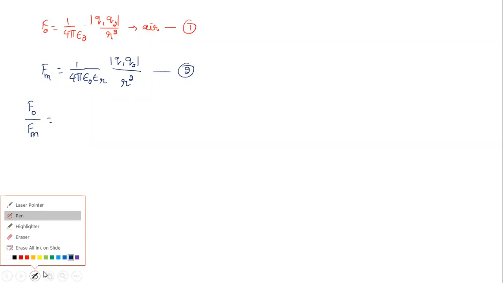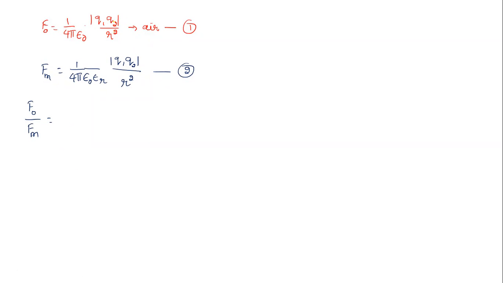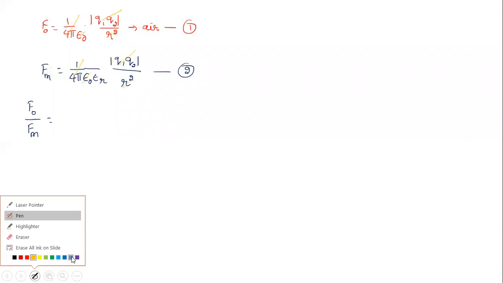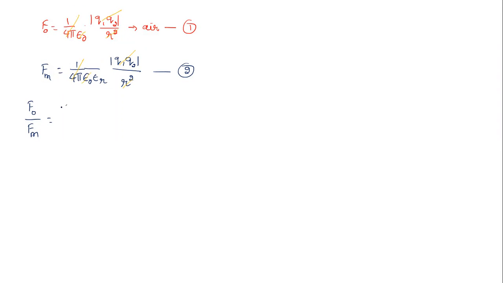Straight away, 1 by 4 pi epsilon naught is going to cancel, Q1 Q2 magnitude and R square also cancel. What we're going to get left is epsilon r divided by 1. So F naught divided by Fm is equal to epsilon r.